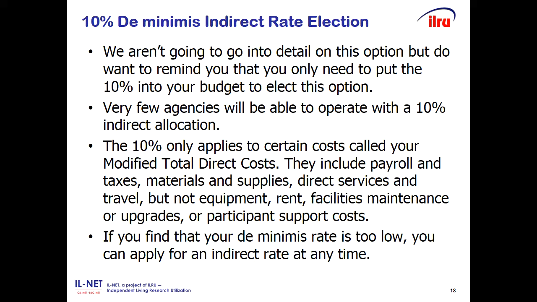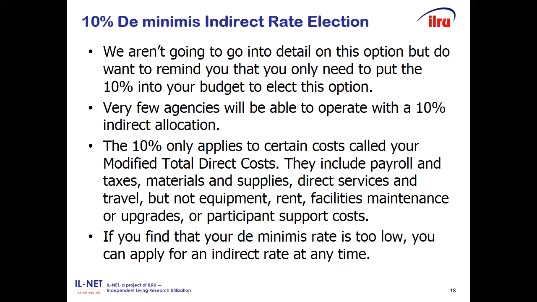That's payroll and payroll taxes, materials and supplies, direct services, and travel. You don't apply it to equipment. You don't apply it to rent or facilities maintenance. You don't apply it to participant support costs. So you multiply the 10% only by the modified total direct cost.